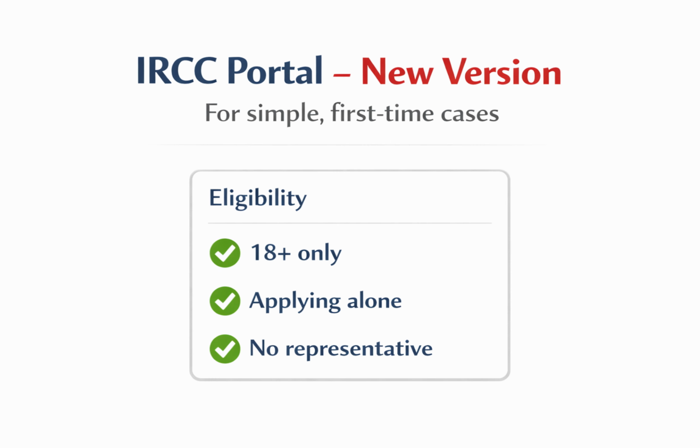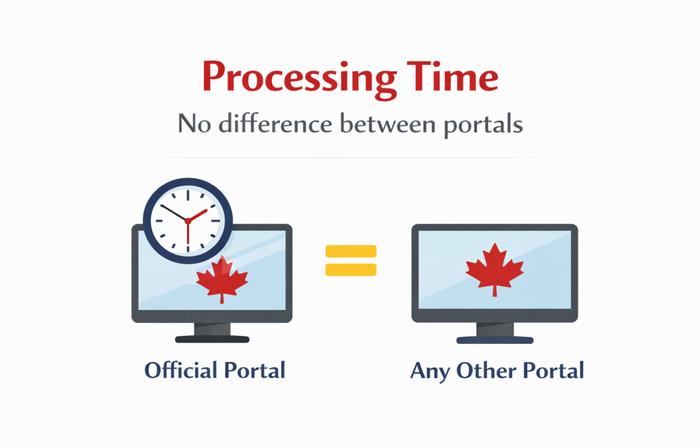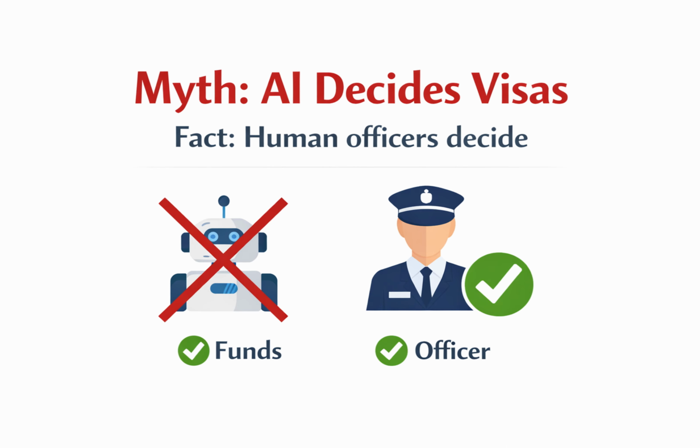At this point, many people start wondering about processing time and approval chances, so let's clear that up. There is no difference in approval rates between GCKey and the IRCC Portal, and the new portal does not use artificial intelligence to approve or refuse applications.